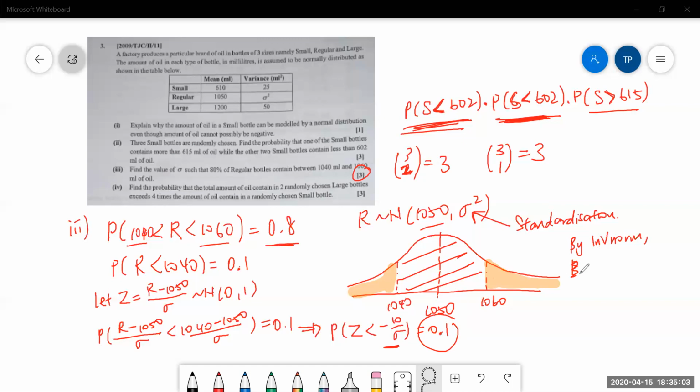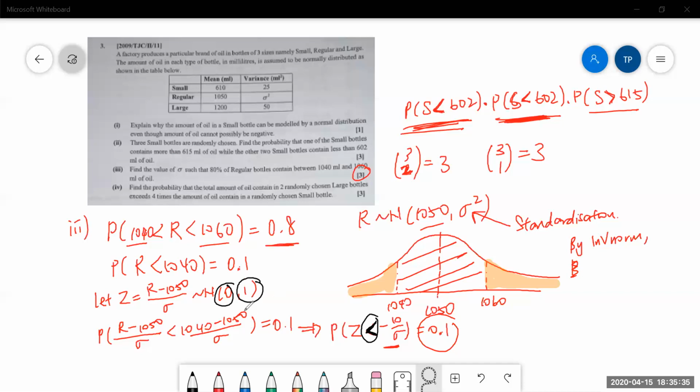After which, to choose the tail, you have to look out for this inequality here. Is it lesser or greater? You see, it's pointing towards the left side, like an arrow. So the tail will be the left tail. Mu is 0, sigma is 1, the area is 0.1.